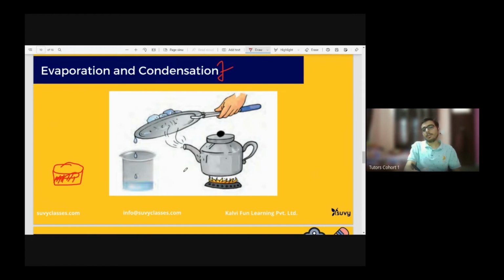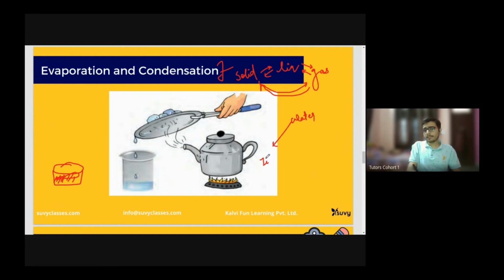You all might know that there are three states of a substance: solid, liquid, and gas. These are interconvertible. Also, we can go from solid to gas directly. If I take the example of water, water can be frozen to form ice.